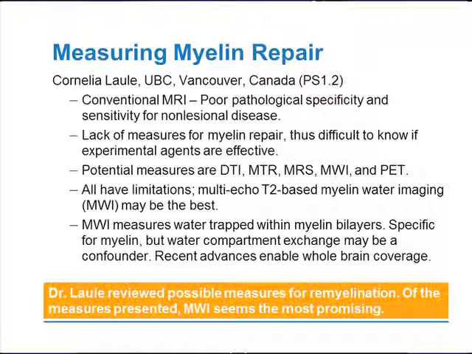So what myelin water imaging measures is the water trapped within myelin bilayers. And it's specific for myelin, but the water component exchange may be a confounder. And now recent advances enable the whole brain to be covered. So I think that's very exciting.